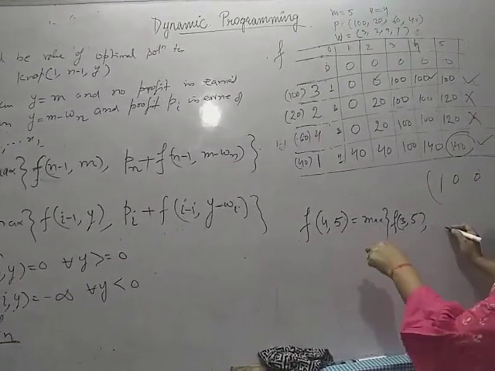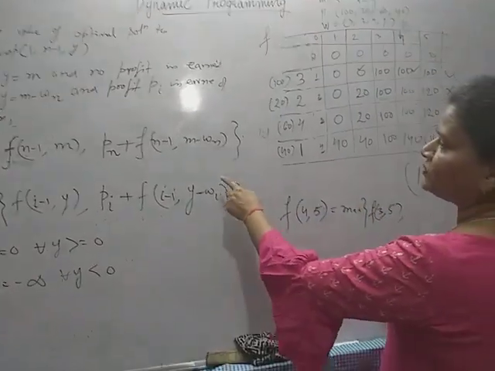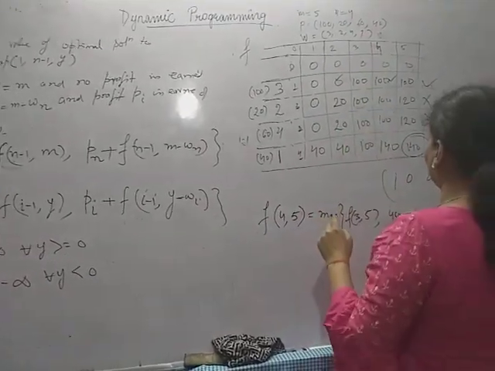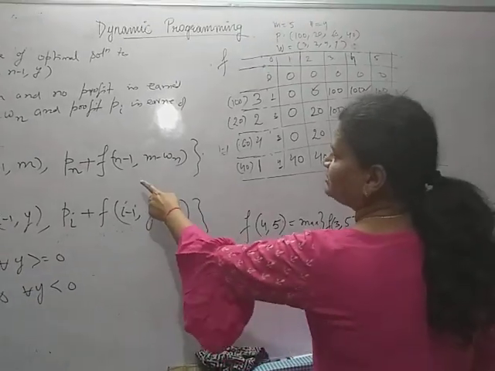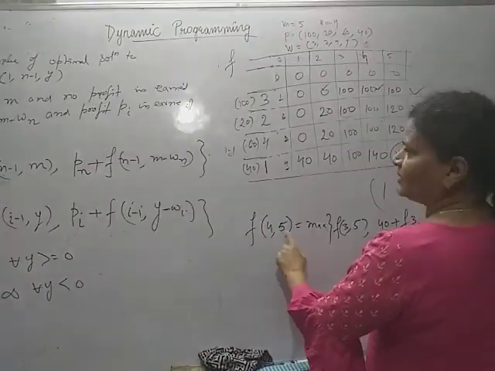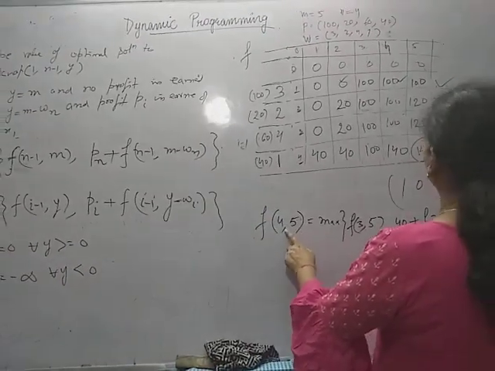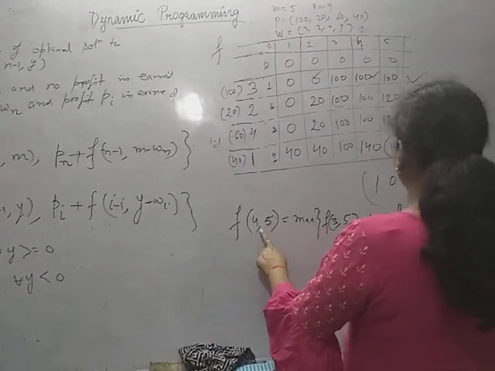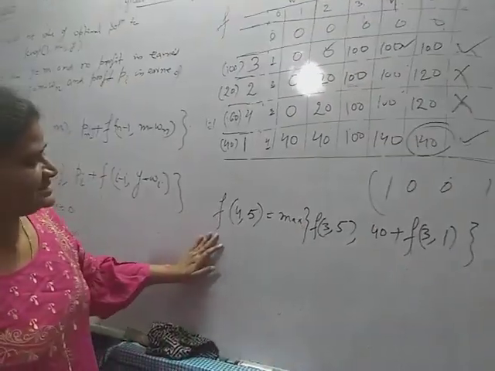When the fourth object is included, the profit of the fourth object is 40 plus f(3, 1), since the weight of the fourth object is 1, so the capacity is reduced by 1. So here this is the recurrence relation.